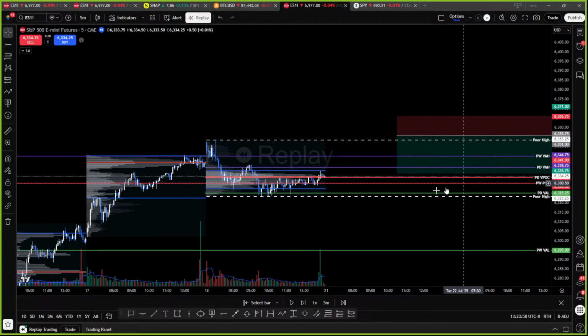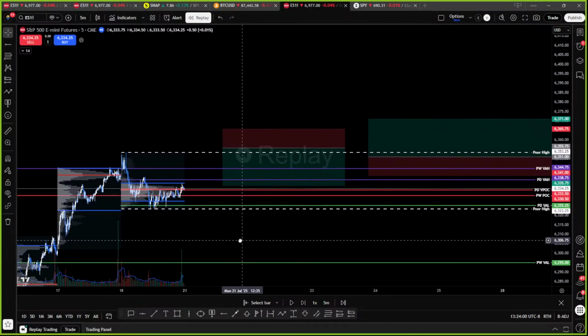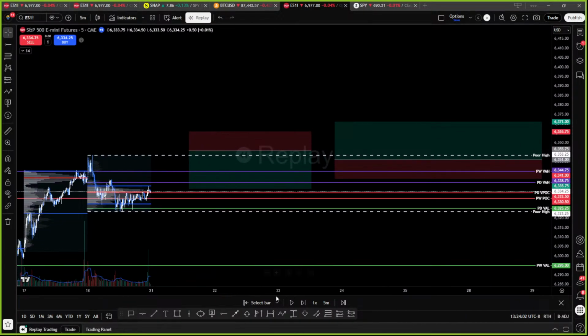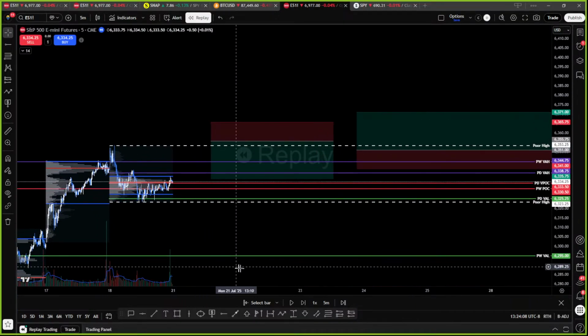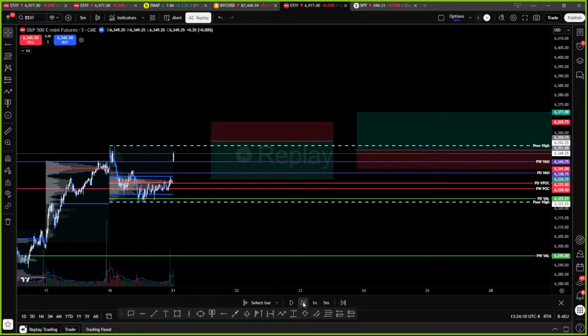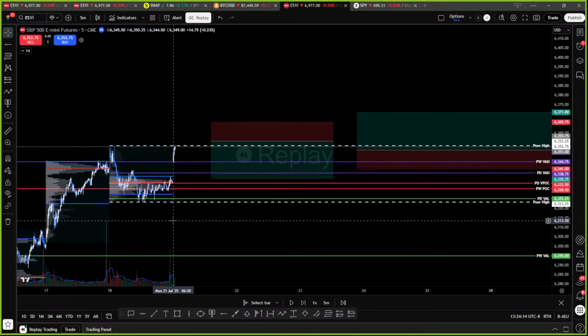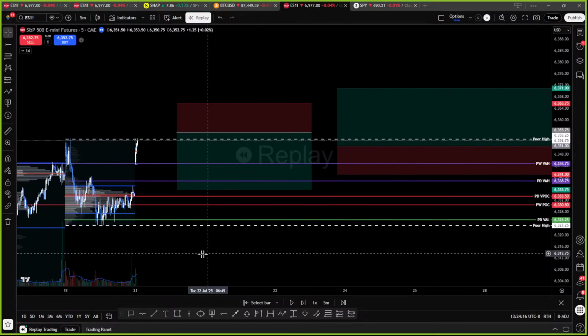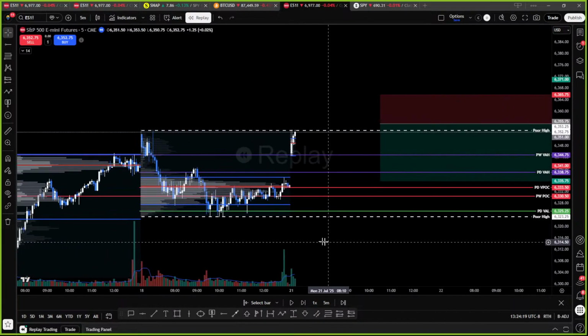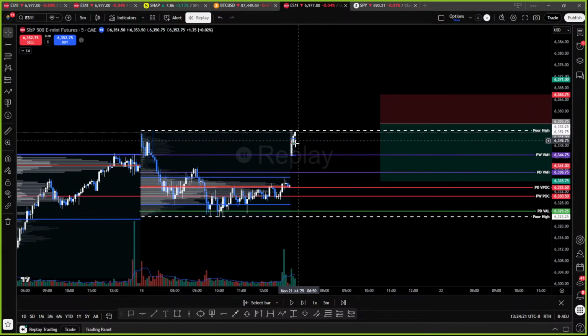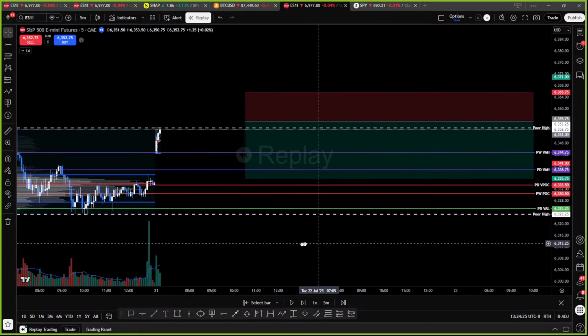I think we gap, right? Oh, is it still making me play through? Oh no, that's the open. Right now I'd be waiting for a retest here.